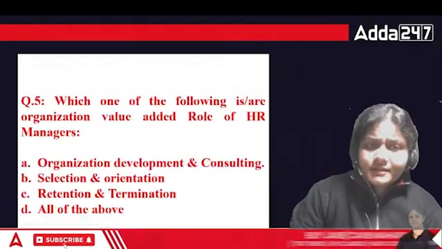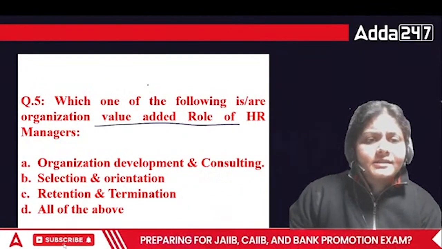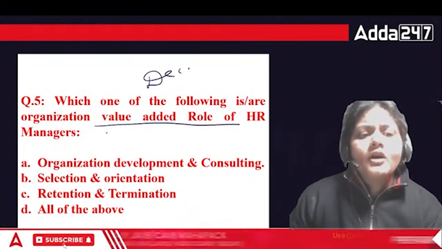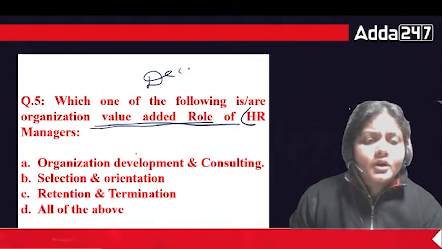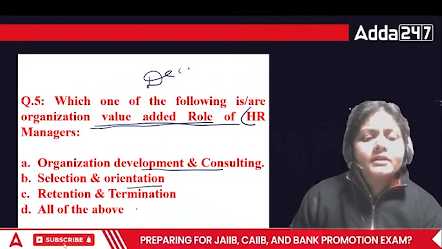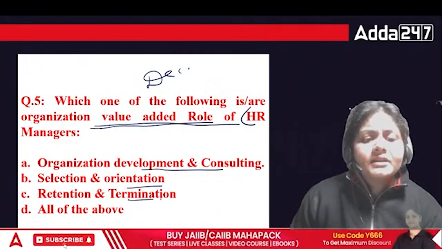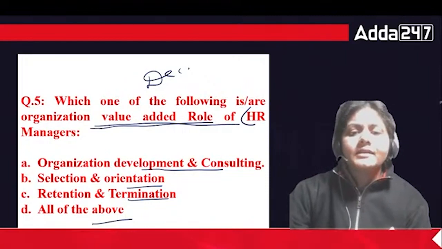So the next question is, which one was asked in the December exam. What is the organization value added role of HR manager? Option A is OD and consulting, B is selection and orientation, C is retention and termination, and D is all of the above. So which one is the right answer?